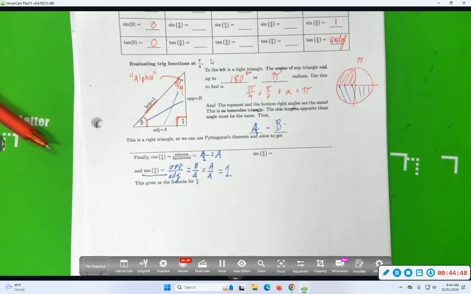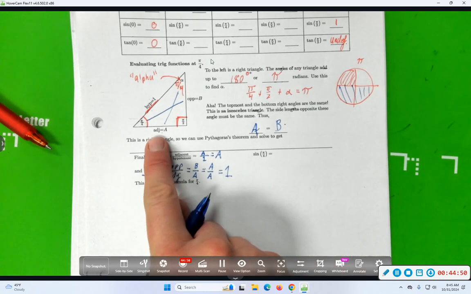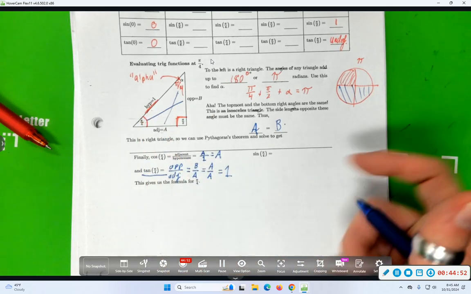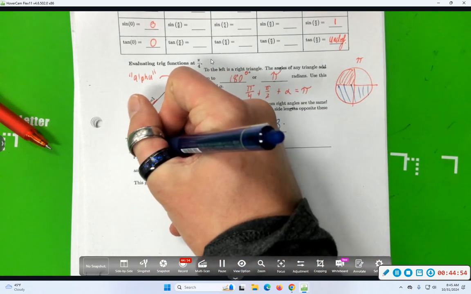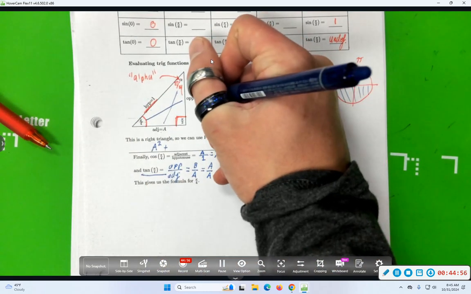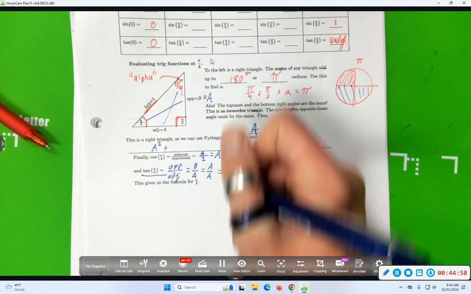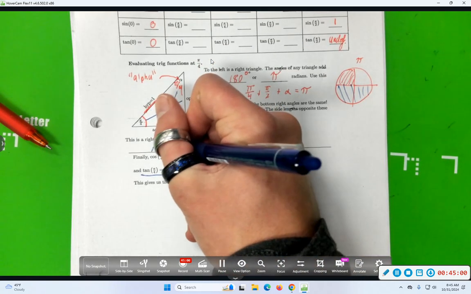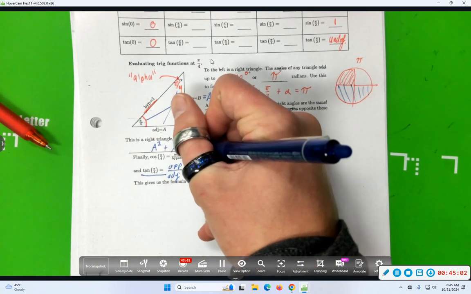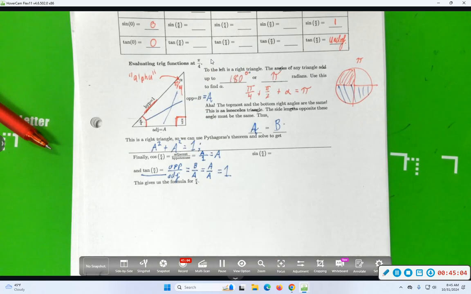So, Pythagoras' theorem says side length squared plus side length squared equals hypotenuse squared. So that'll be A squared plus, well, you know what, if B equals A, no need to write B anymore, plus A squared equals 1. How many unknowns are in that equation? Just the 1? That looks like something you could solve for A.